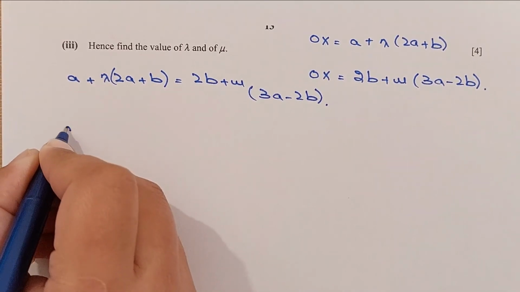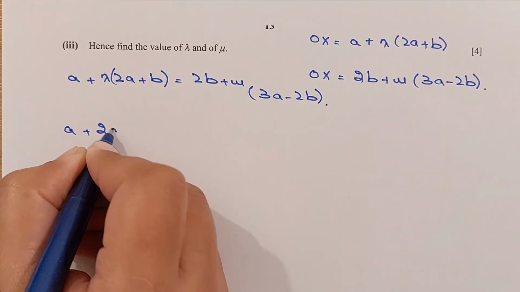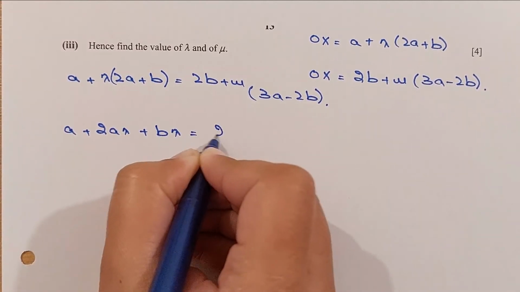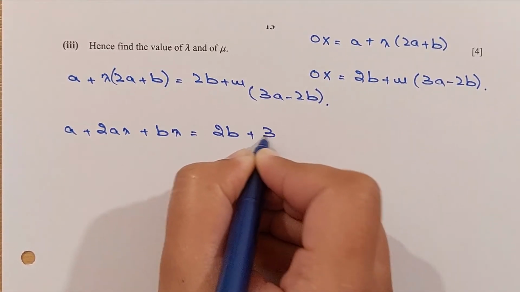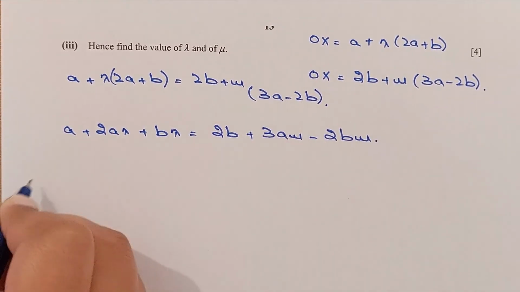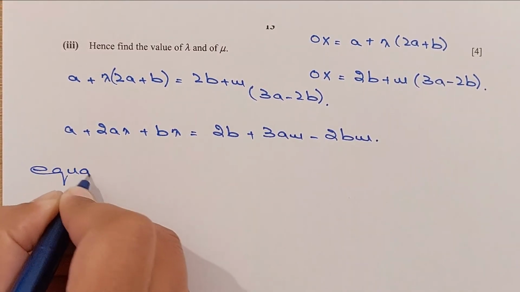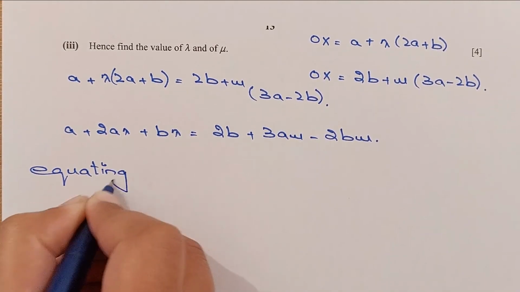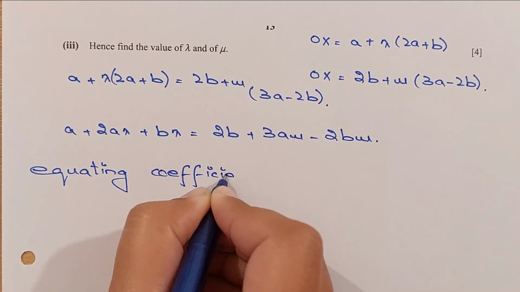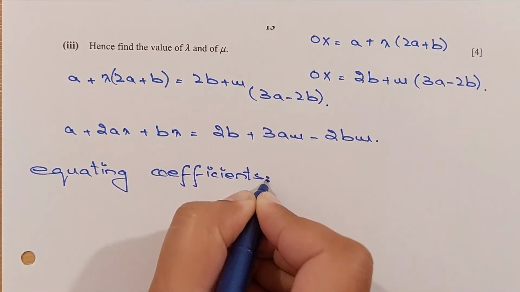Okay, now A plus 2A lambda plus B lambda equals 2B plus 3A mu minus 2B mu, right? Now we have to equate the coefficients of A and B, right?